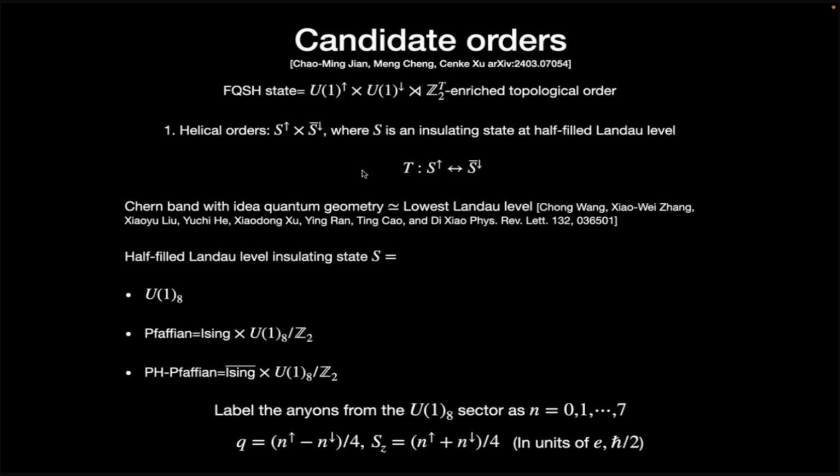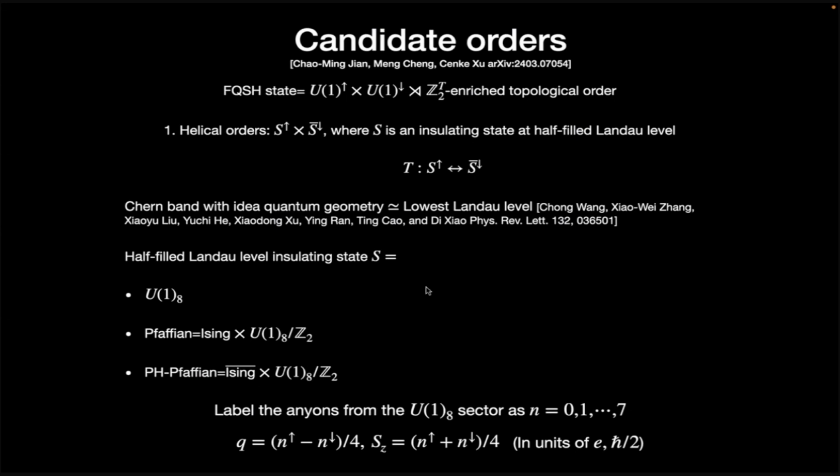So among the candidate orders, there is one family of orders we call helical orders. They take the form of S times S bar, where S can be any insulating state at half-filled Landau level, and S bar is the time reversal conjugate. Combined, they can match with the transport data measured in experiments.